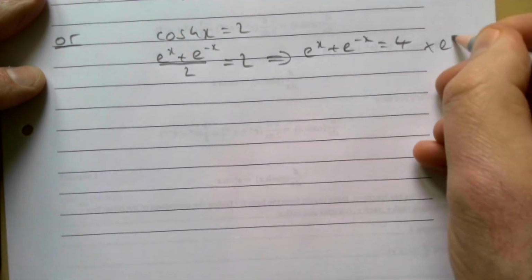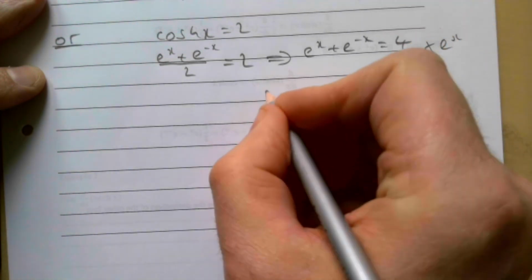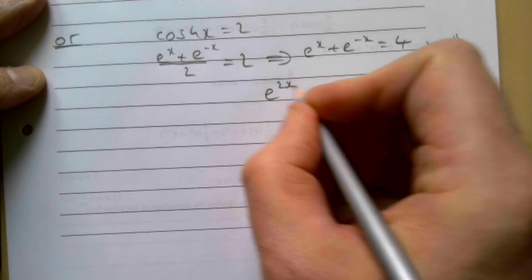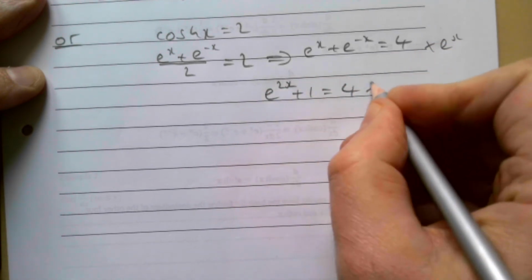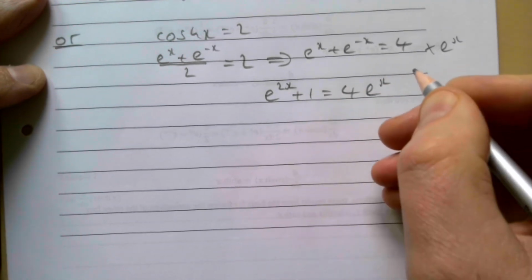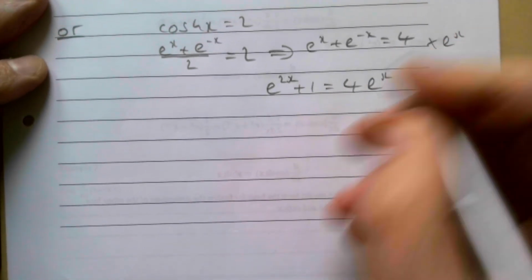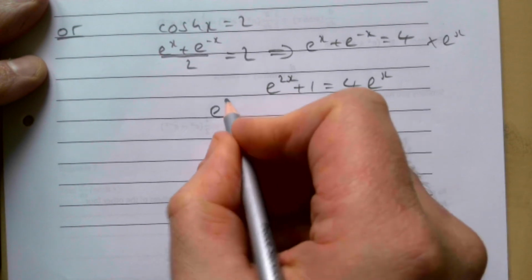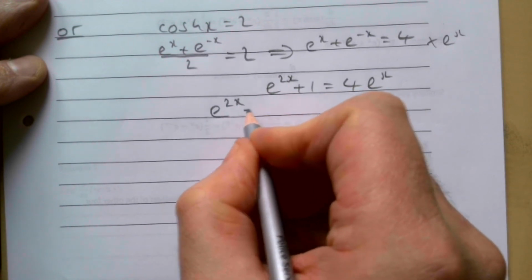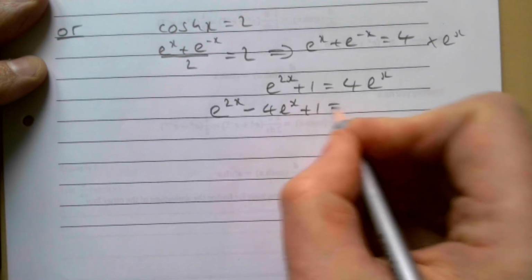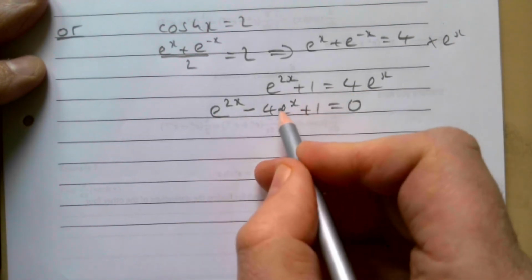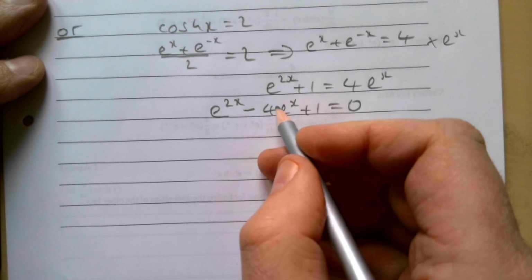Multiplying through by e to the x gives us e to the 2x plus 1 equals 4 e to the x. So e to the 2x minus 4 e to the x plus 1 equals 0. Hope you can see then we have a quadratic in e to the x.